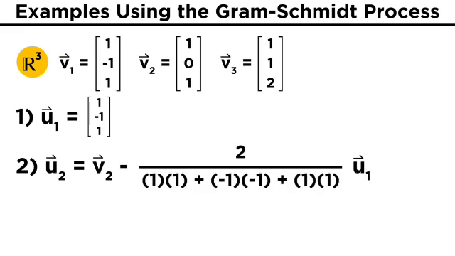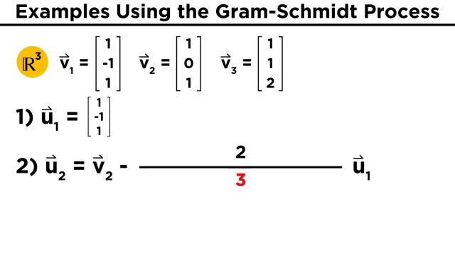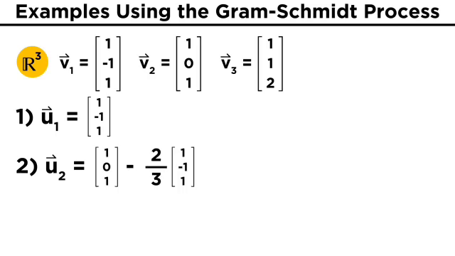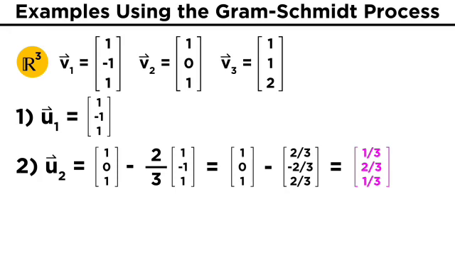Then u1.u1 will be 1 times 1 plus negative 1 times negative 1 plus 1 times 1, or 3. So u2 equals 1, 0, 1 minus 2/3 times 1, negative 1, 1. Simplifying this expression, we get u2 equals 1/3, 2/3, 1/3.